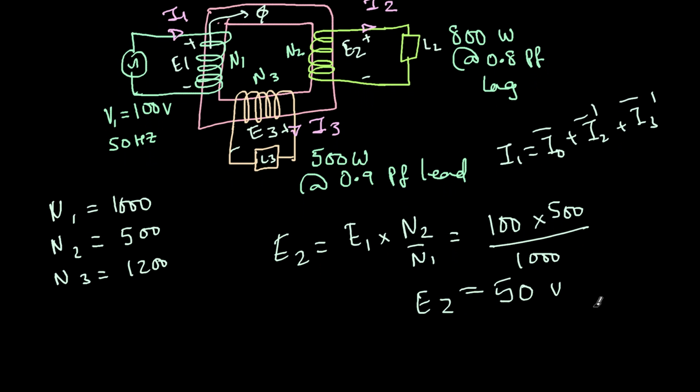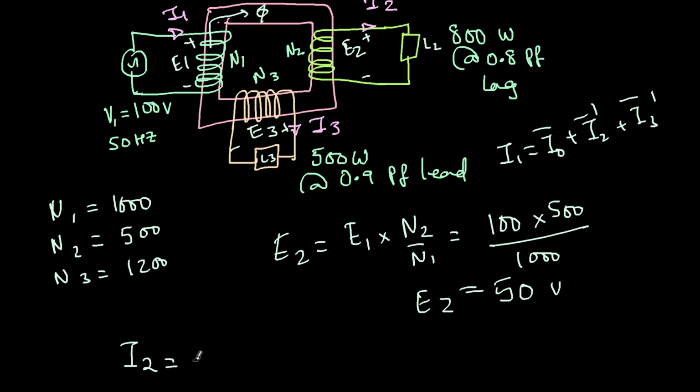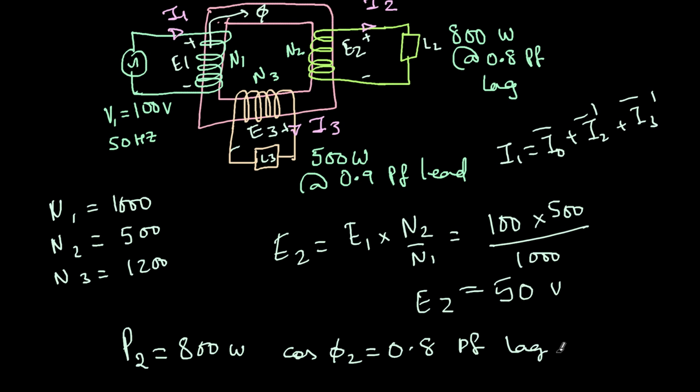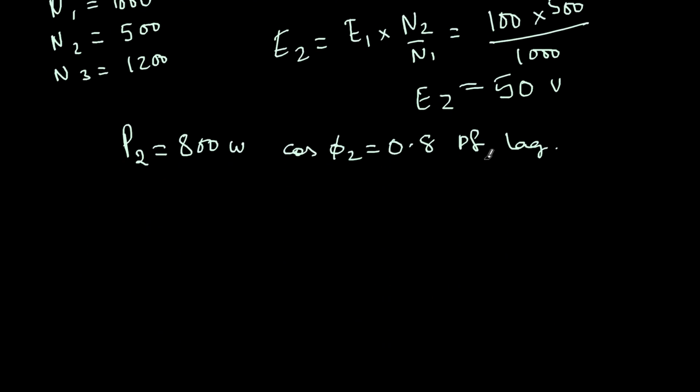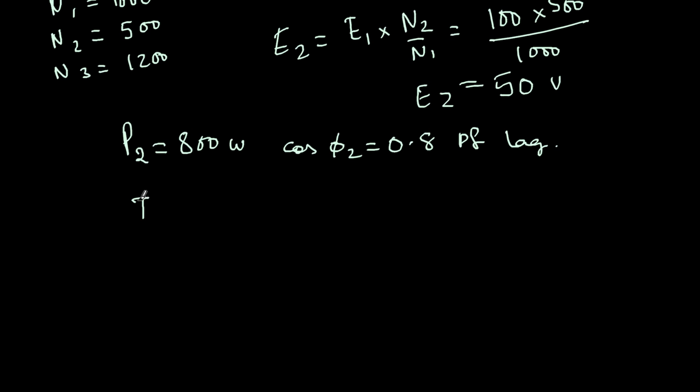Two zeros will go here, one zero will go here, 50 volts will remain. And if I know 50 volts, now I can find I2. So I2 will be, see what is P2? P2 is 800 watts. Cos of phi2 is also given, 0.8 power factor lagging. So from these two, I can find out P2 is nothing but E2 I2 cos of phi2.